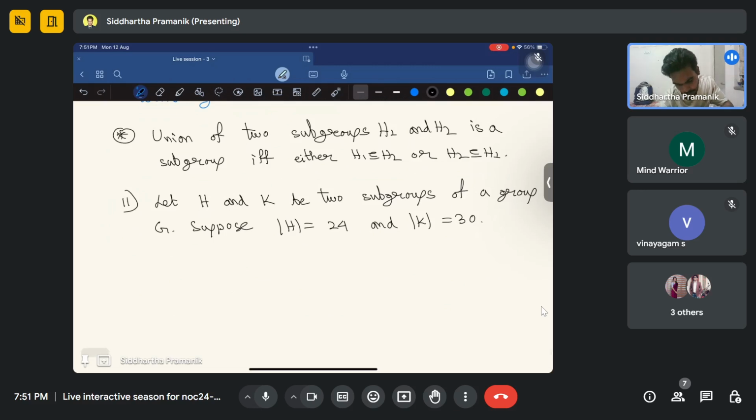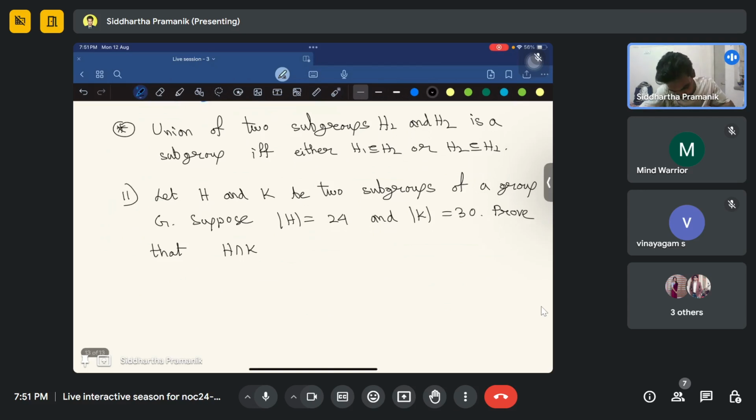So let's come back to our problem. So H and K are two subgroups. Order of H is 24 and order of K is 30. Then the problem is: prove that H intersection K, which is also a subgroup as we have seen, is an abelian group.